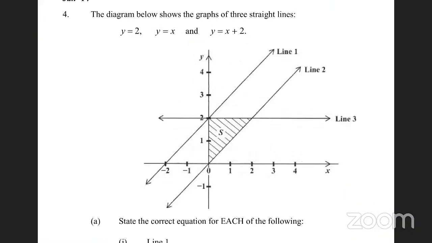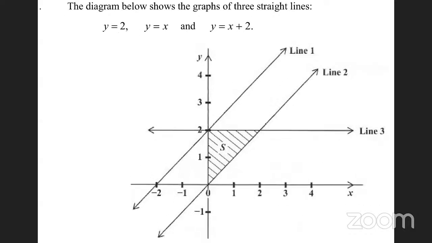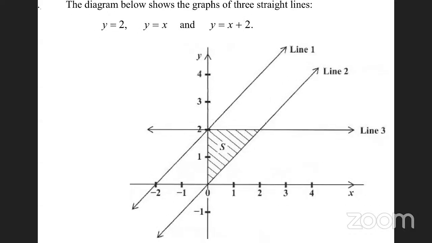This is 2014, it's a little tricky. None of these lines are labeled. You just see line 1, line 2, line 3. You have to use what you learned about gradients and y-intercepts to figure out which line is which. So in your book, write down which equation you think is line 1, which is line 2, and which is line 3.